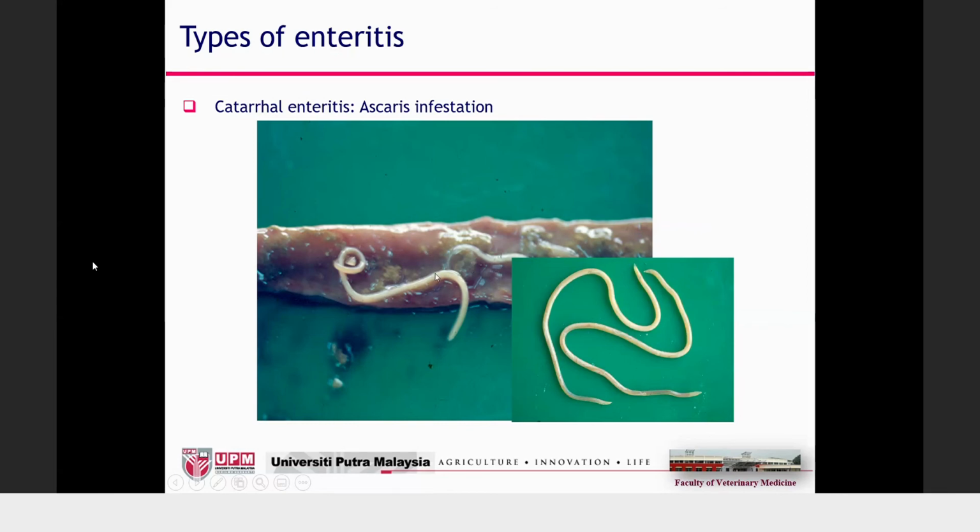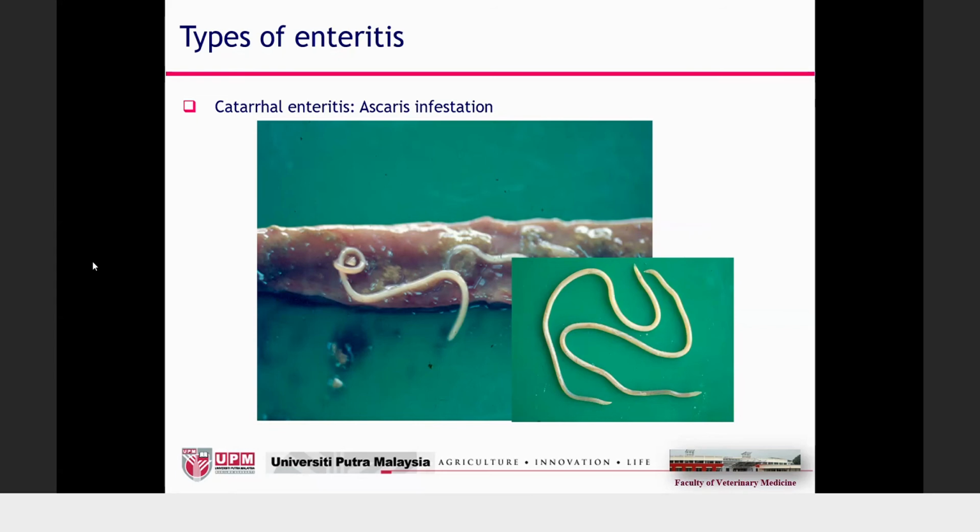As a result of that, the intestine produces a lot of mucus because the parasite did not really enter into the epithelial lining of the intestine. What Ascaris causes as a problem is that when there are so many adult worms in the lumen of the intestine, that leads to obstruction of the intestinal lumen.